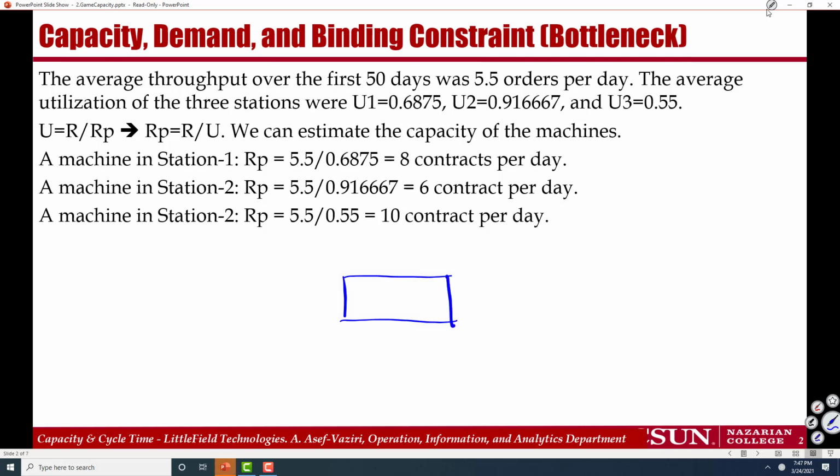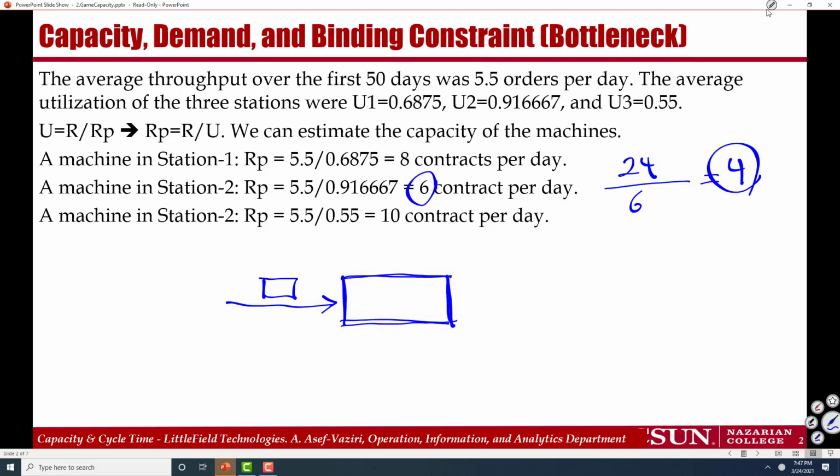The capacity of a machine is 6 contracts per day. If a day is 24 hours, therefore each product should stay in station 2 for 4 hours. Now suppose a contract comes in, no other contract is here, and if other contracts are there, they are in other machines, and one machine is empty.